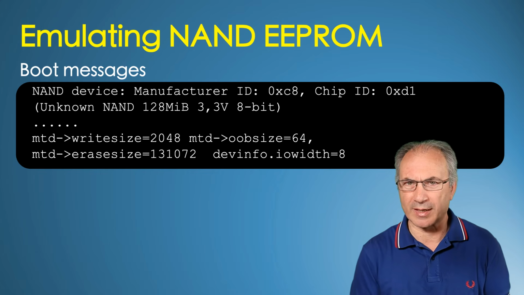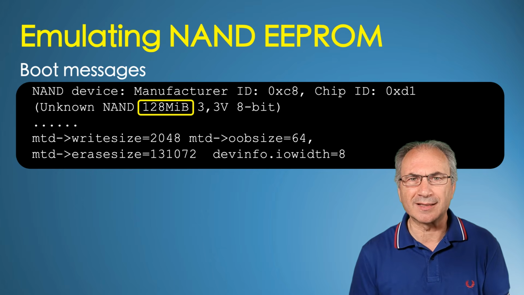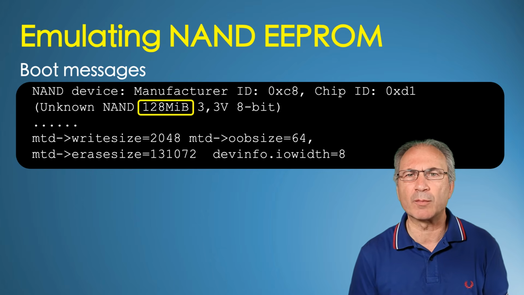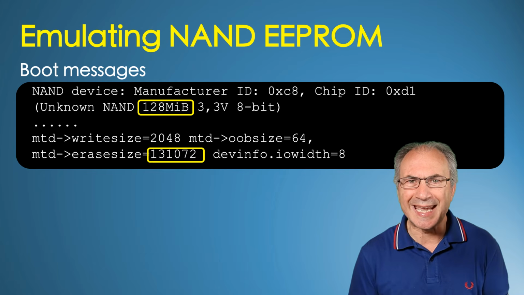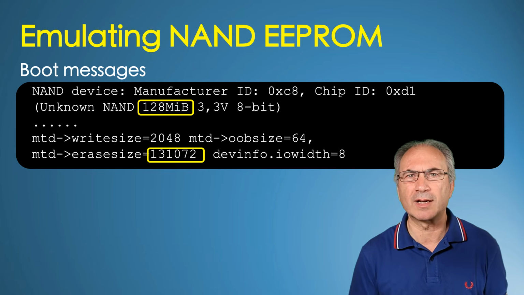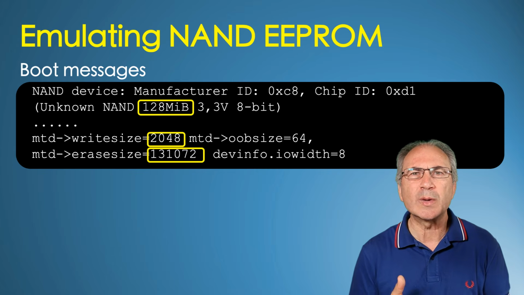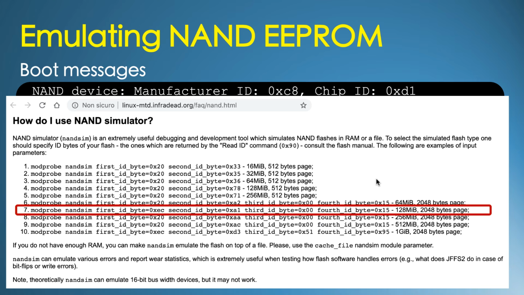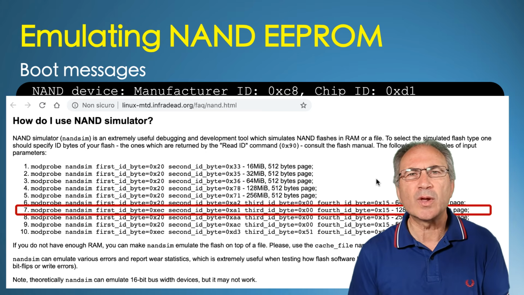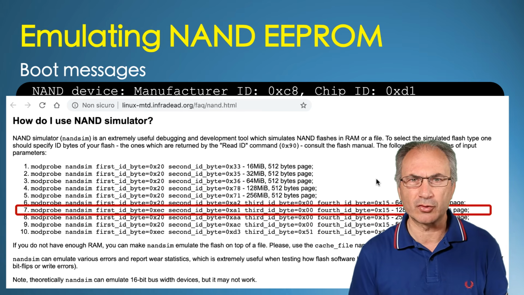In our case, for example, we have 128 megabytes of EEPROM with a 128 kilobyte block erase size and a 2 kilobyte page size, so we can select the row shown on the screen. If nothing of this information is available, we have to try different EEPROM types with a trial and error approach.